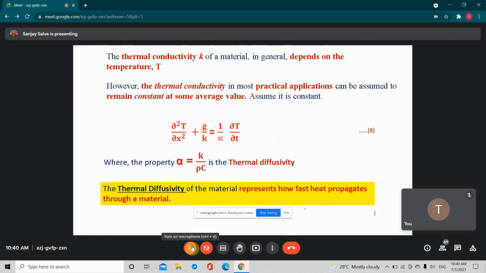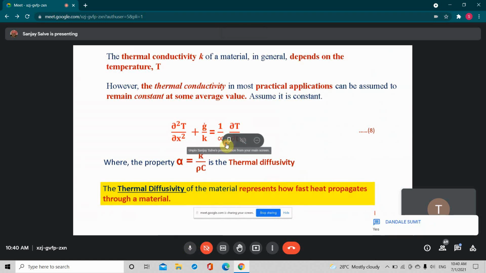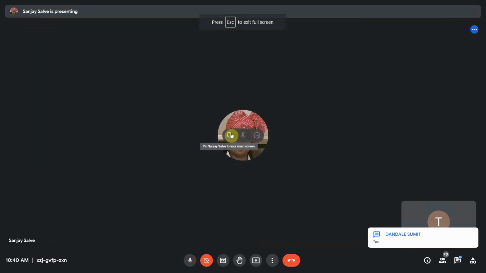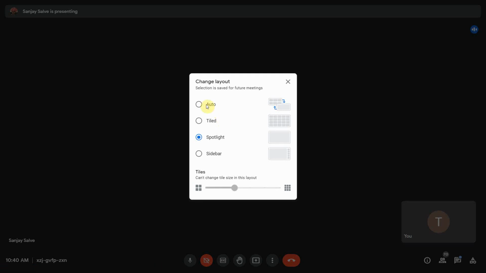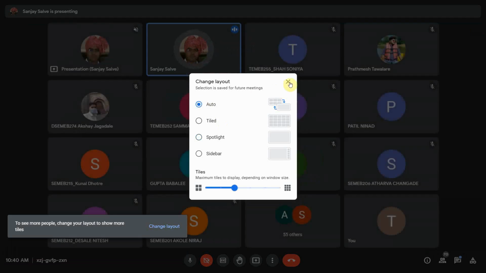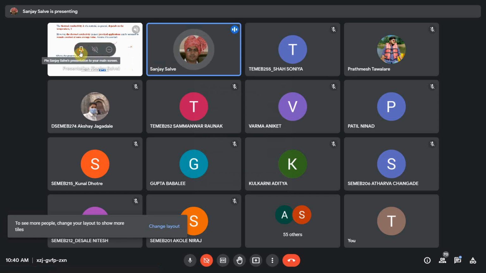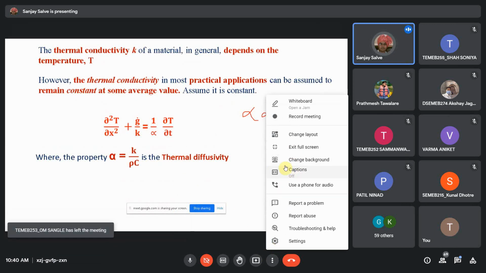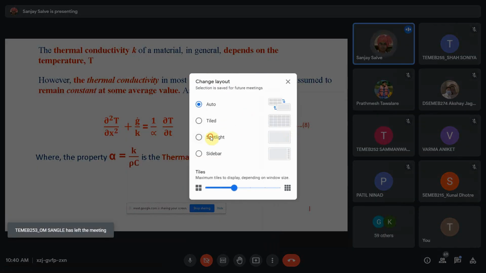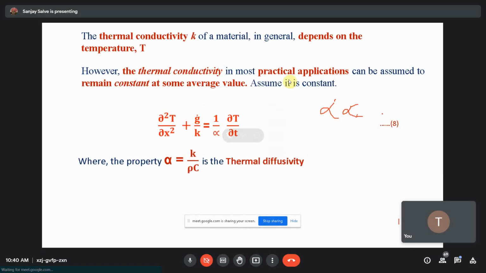Can you see this? Thermal diffusivity of material. Yes, sir. Okay, fine. Shall I continue? Yes, sir. Okay, thank you. So here, that is important: if alpha is the thermal diffusivity, and I replace the proportionality sign, you can say it is directly proportional to K if rho and C both are constant.